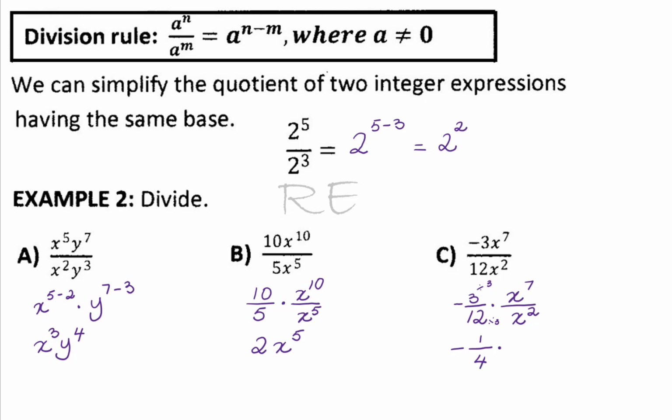And x to the 7 divided by x to the second, it's 7 minus 2, which is 5. This can be written as negative x to the fifth over 4 because x to the fifth will be multiplied by 1 and 4 will also be multiplied by 1.